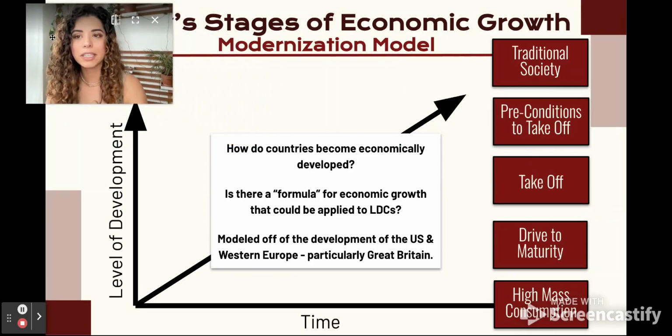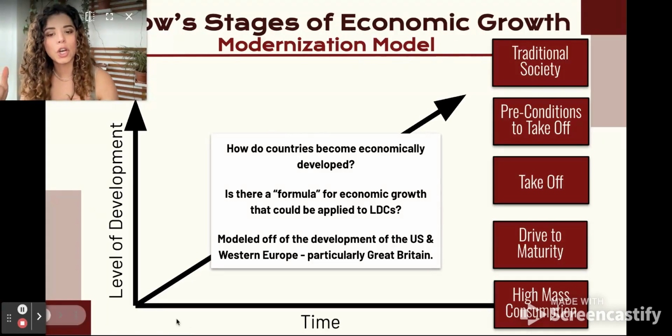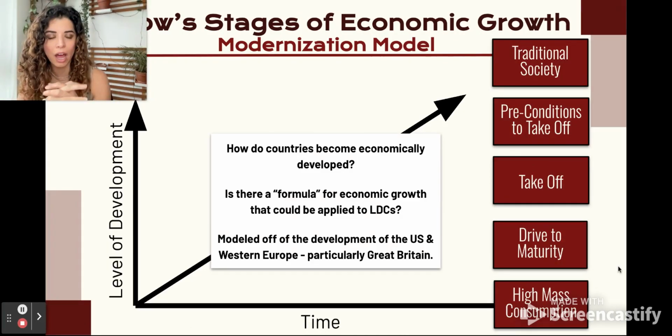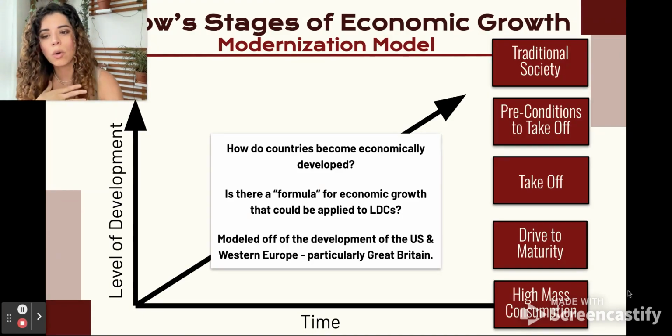So in terms of Rostow's stages of economic growth, this is also called the modernization model. So this is what we're going to be using in order to understand what he's encompassing within his model. So here we have level of development increasing, and then also time moving forward this direction.